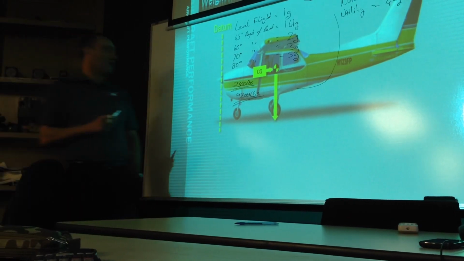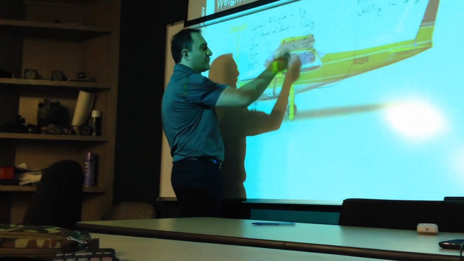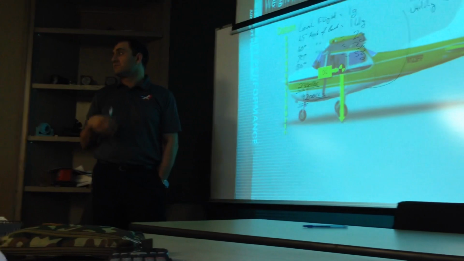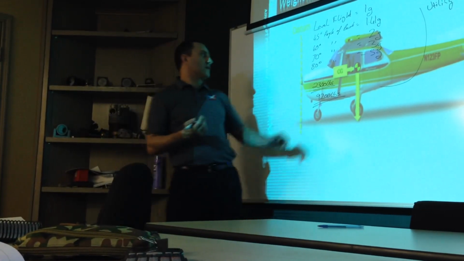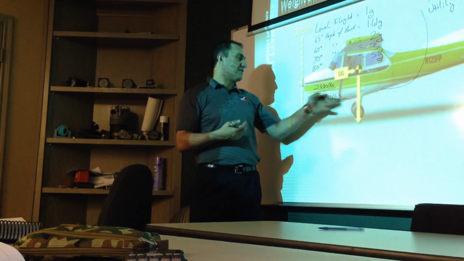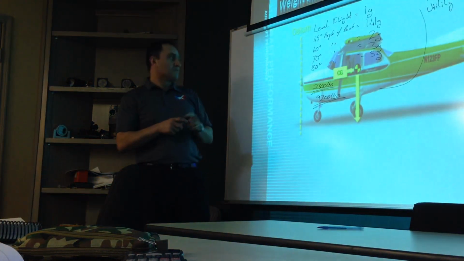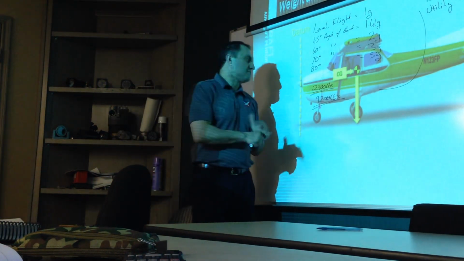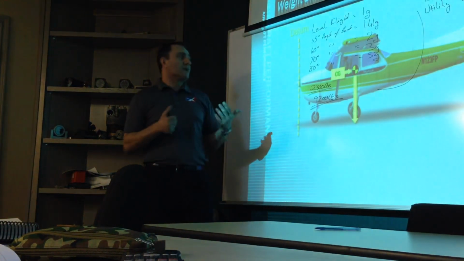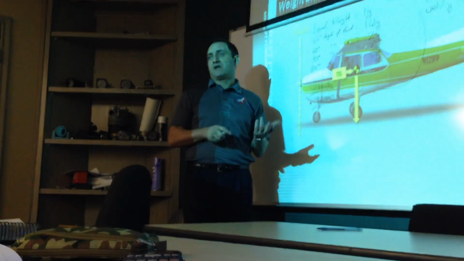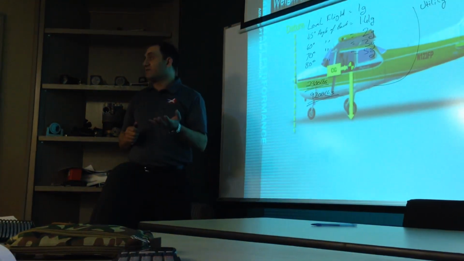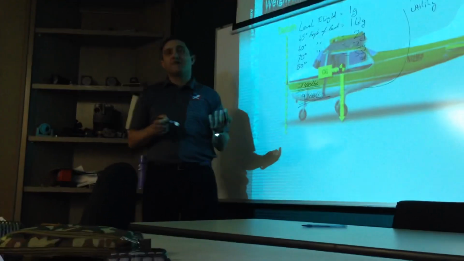That is a hell of a lot of lift this thing needs to produce in order not to go down. And the only way we can have a wing produce 9,200 pounds, well, we can do two ways. We can double the airspeed, that way we get 4 times the amount of lift, or we have to increase the angle of attack.